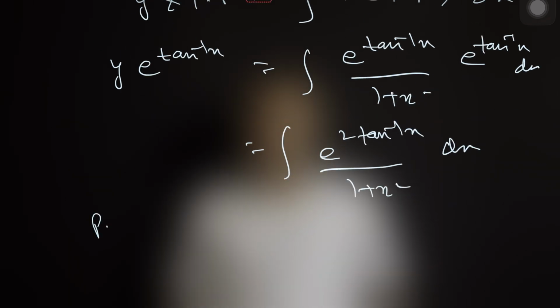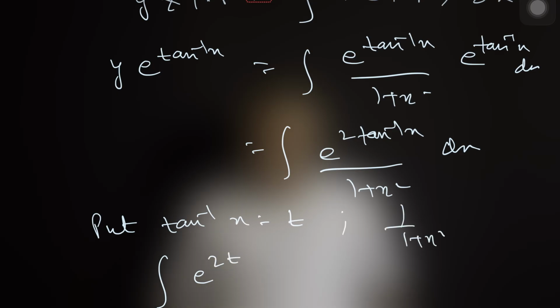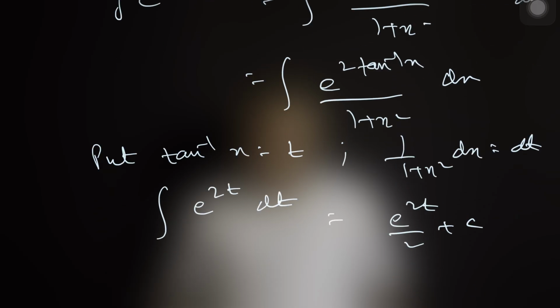So, I need to integrate the RHS. If I put tan inverse x is equal to t, this would be the integral of e to the power 2t, and 1 by 1 plus x square dx is equal to dt. So, e to the power 2t by 2 plus c.